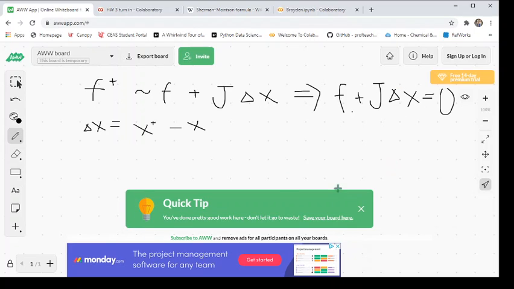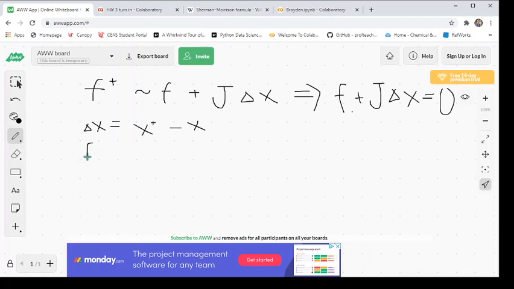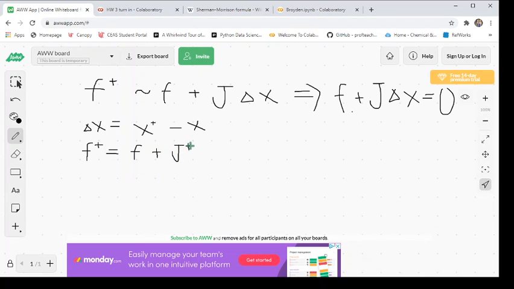So we can set up a new equation for f plus, which will be our previous function plus our new Jacobian times that change in x that we took, with j plus being our new Jacobian, that when multiplied by delta x gives the correct value of our new function f plus that is not 0. Alright, and then we want to solve for that new Jacobian.